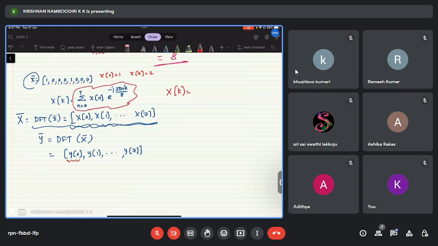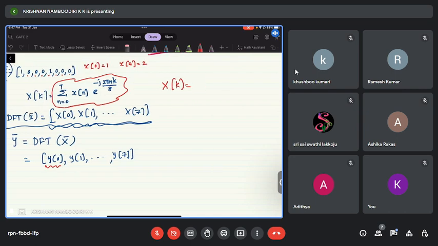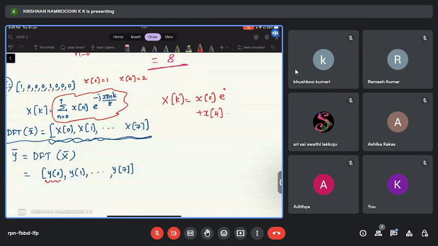The first corresponds to n equal to 0: x0 into e power 0, plus x of 4 into e power minus j 2 pi into 4 into k divided by 8. Which is equal to x0 plus x4 into e power minus j pi k, since the 4 and 8 reduce.